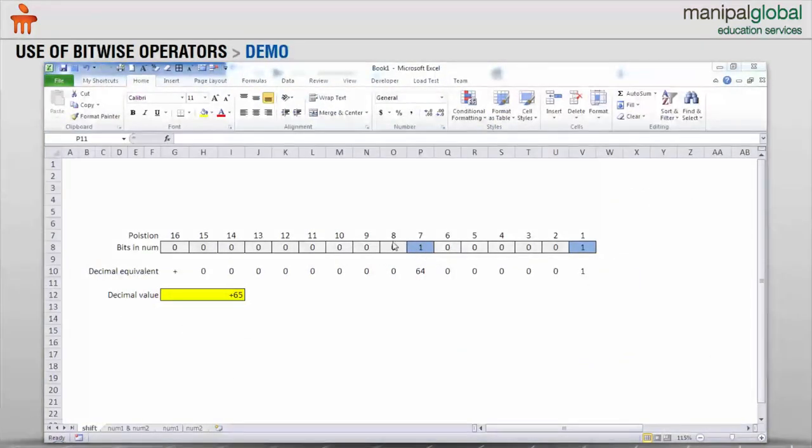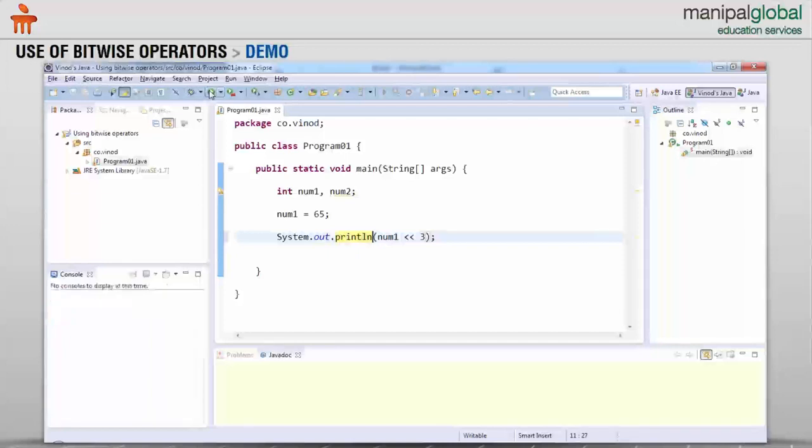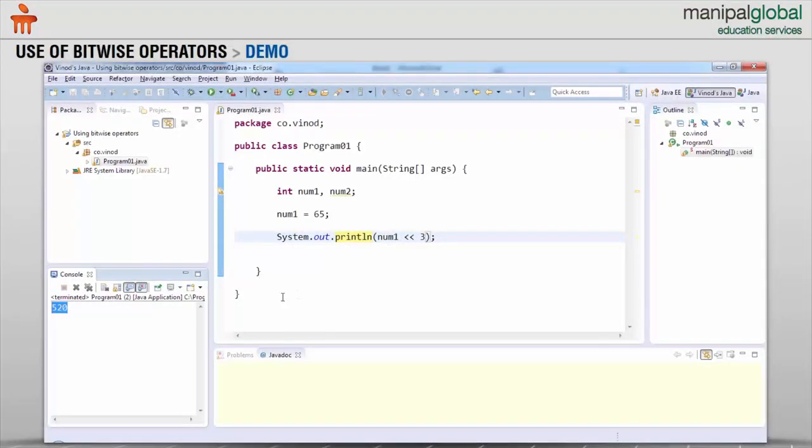That means one time, second time, third time. So this is going to be 1, and this is going to be moved one time, second time, third time, and this is going to be 0. So as you can see, 512 plus 8 is 520. Now let's execute and verify, and there you go, it is 520.